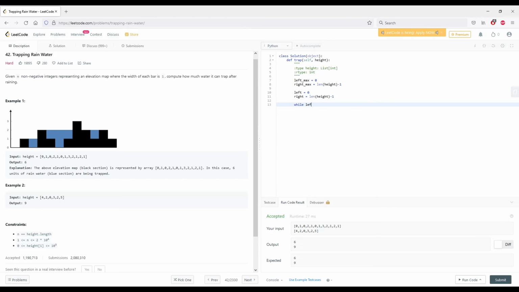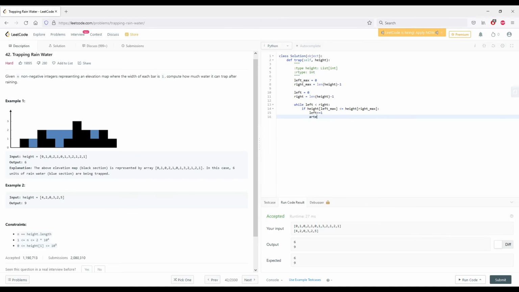While left is less than right, we're going to check first if height left max is greater than or equal to height right max.